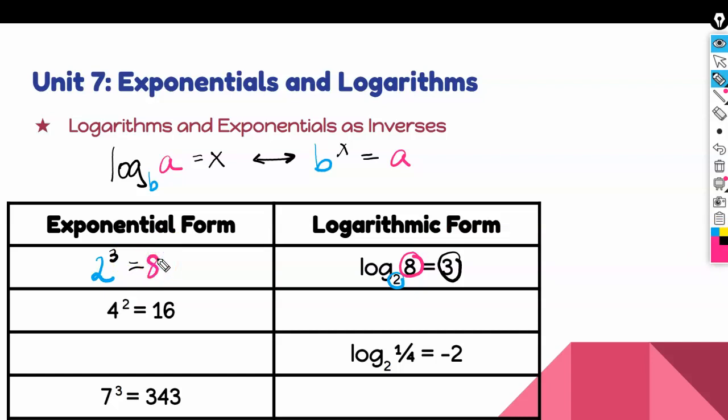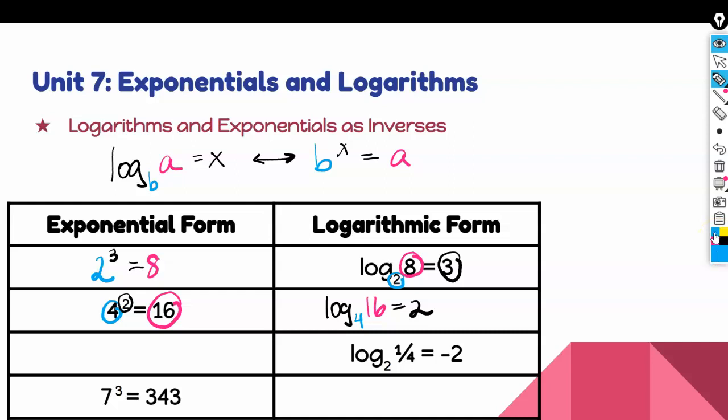I would write all these examples down so you know what is going on, so that you can recognize the pattern. Okay, on to the next one here. The base is 4, so I have a log with a base of 4. Where a is, I have a 16, so that'll be 16, and then equals whatever the exponent is, which in this case it is 2.